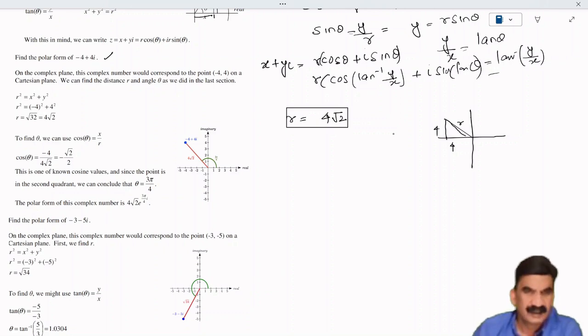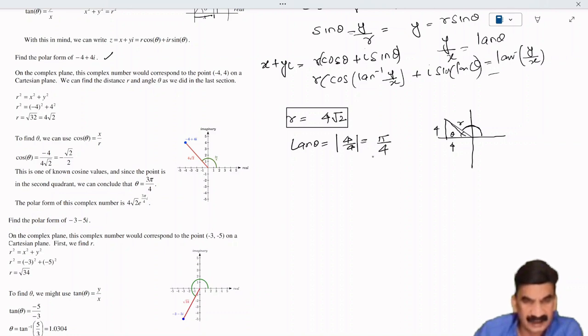How about theta? I have this theta, but I need this theta. So what is this theta? This is obviously tan theta is equal to, taking magnitudes, 4 by 4, which gives pi by 4.